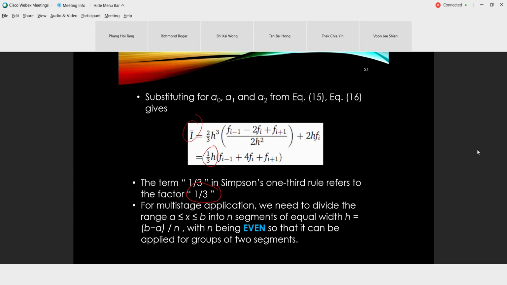So usually for Simpson 1/3, we use an even number.